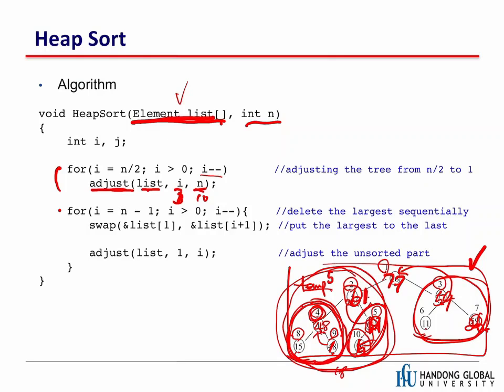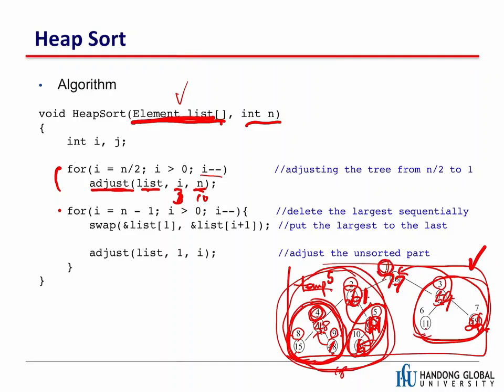When we are in the second for loop, it means this list is a max heap. And here is a really brilliant trick. I goes from n-1 to 1 by decreasing.